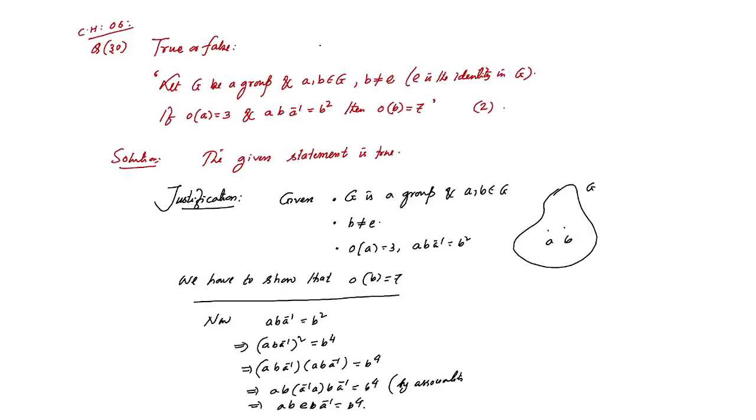Okay. So now we are trying to increase the power because we need to show B to the power 7 equals identity at least. So again, since B square equals A B A inverse, from star what we can write is A B A inverse equals B to the power 4, since B square equals A B A inverse.